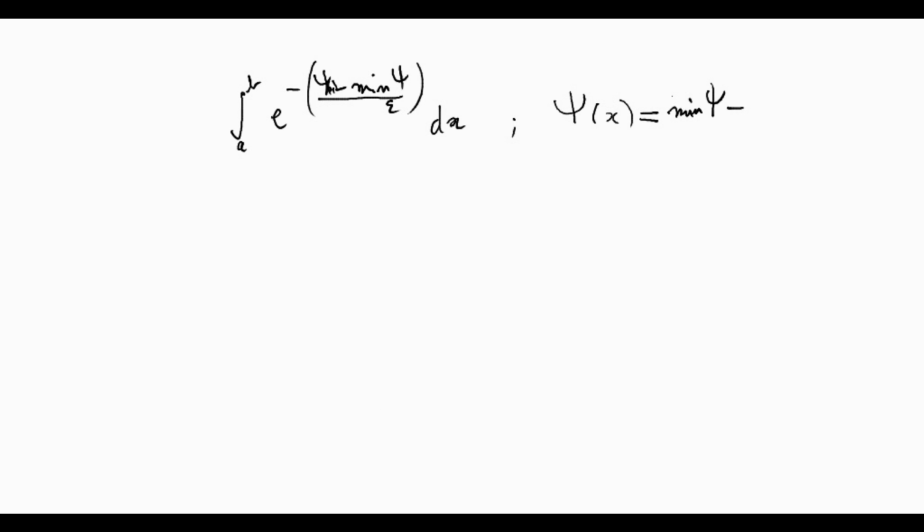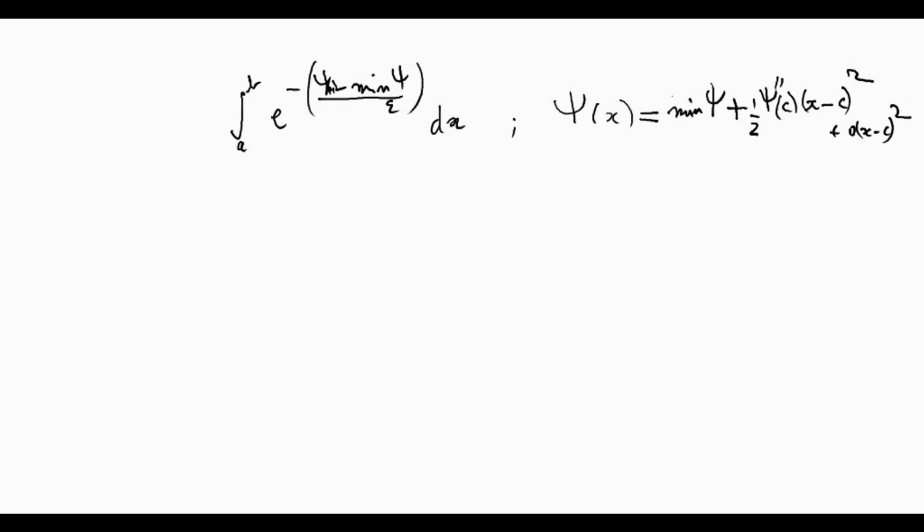Since this is the minimum, the first derivative is 0, and then we are left with the second derivative. So this is psi second at C, the minimum, divided by 2. And we can always write it x minus c squared plus O of x minus c.